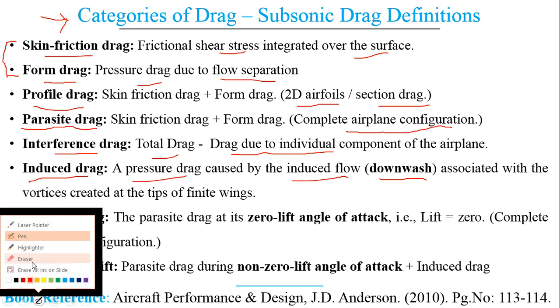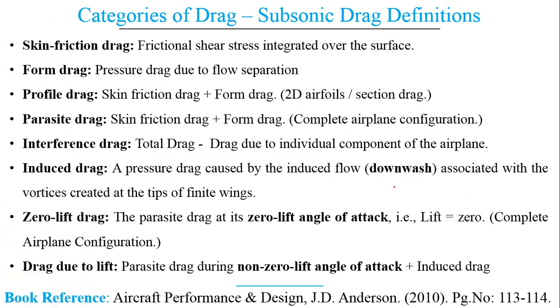So when we consider the case of a rectangular wing, let me draw a rectangular wing over here. So here, let me consider this is my wing. We know that there is high pressure on the lower surface of the wing, and there is low pressure on the upper surface of the wing. So basically, as per the laws of nature, the pressure tends to neutralize.